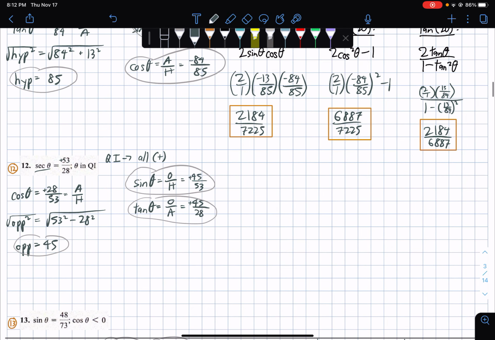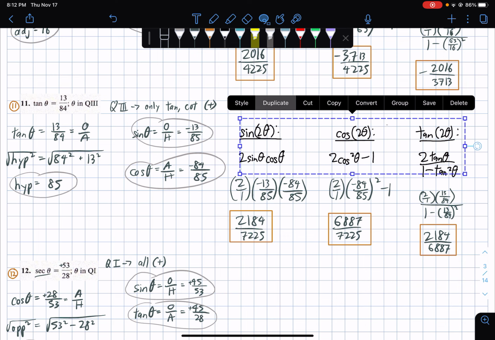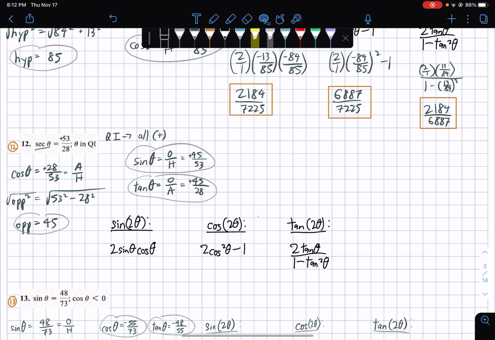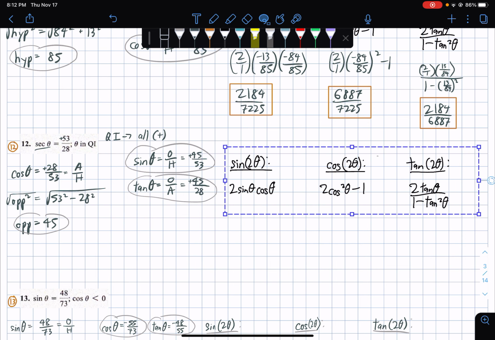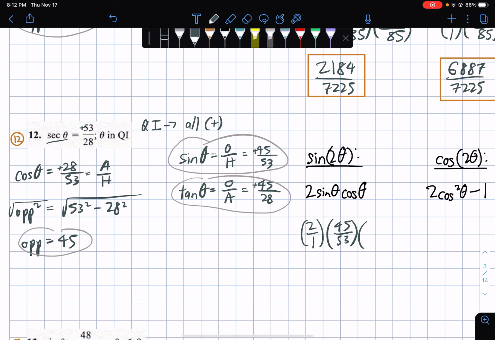So now, let's use the double angle identities. Two over 1 times sine theta, which is 45 over 53, times cosine, which is 28 over 53.